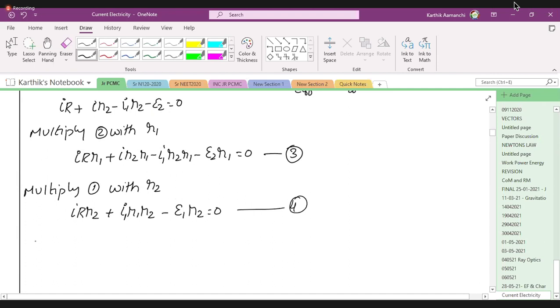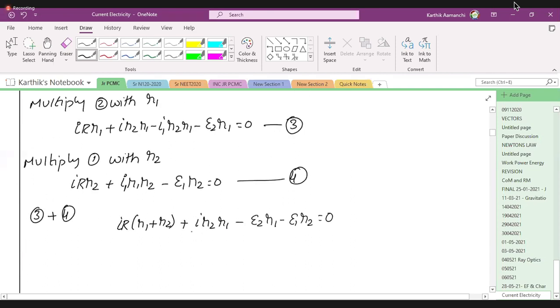I'll add 1, 3 and 4. 3 plus 4. Right? IR (R1 plus R2) plus I R2 R1 minus epsilon 2 R1 minus epsilon 1 R2 is equal to 0, isn't it?